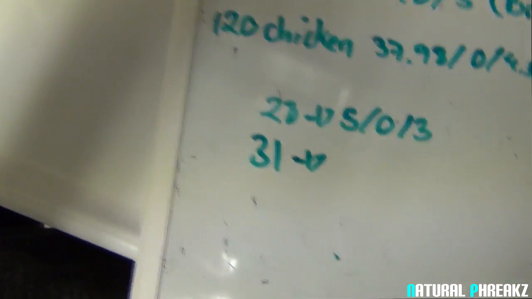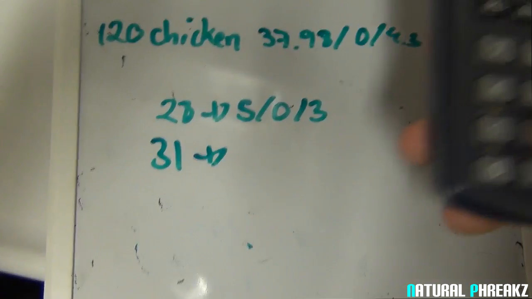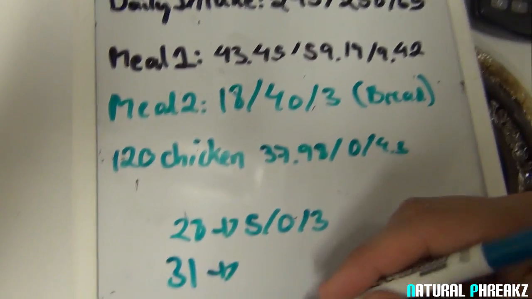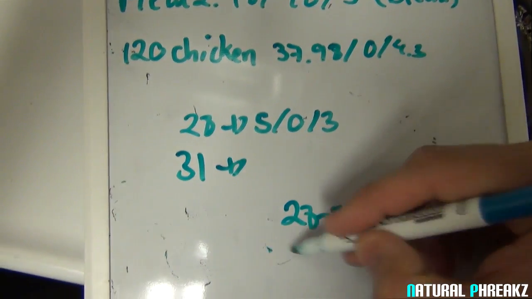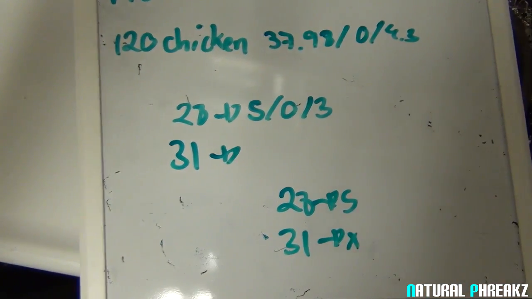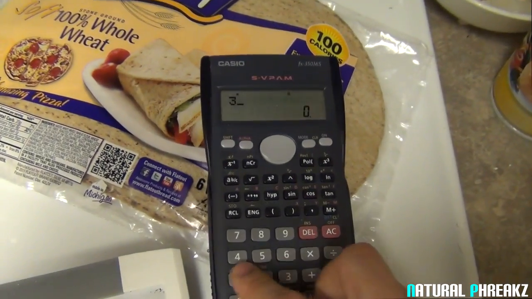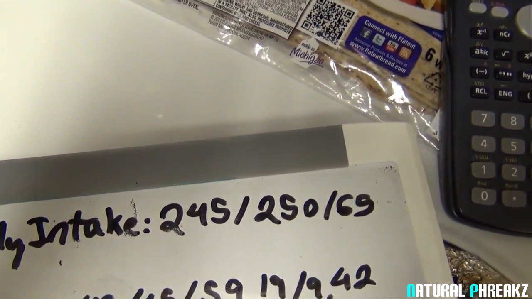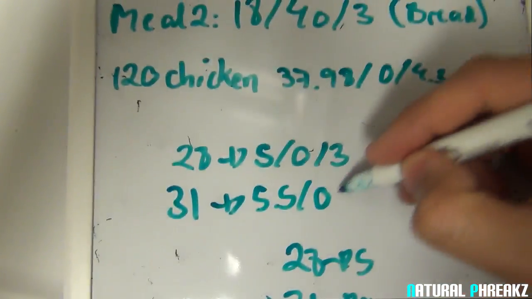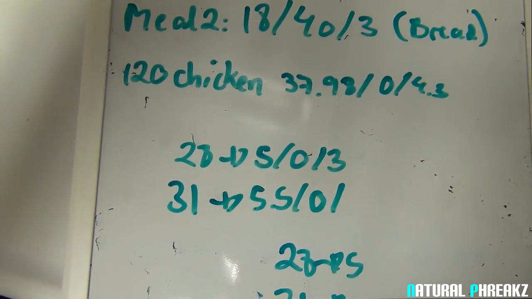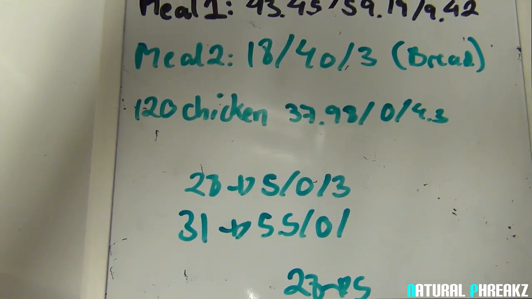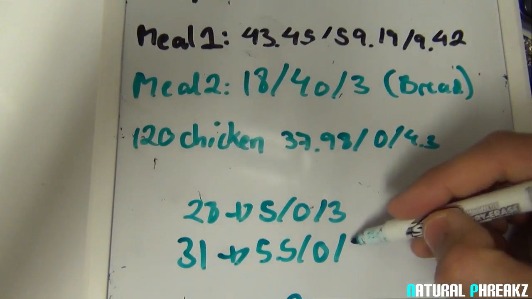So I do: if 28 has 5 grams, how much is in 31 grams? Then you do 31 times 5 divided by 28, which gives you 5.5. 0 carbs. 31 times 3 divided by 28, 3.32.